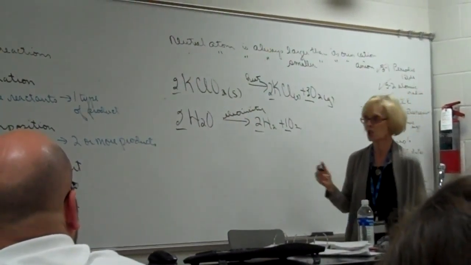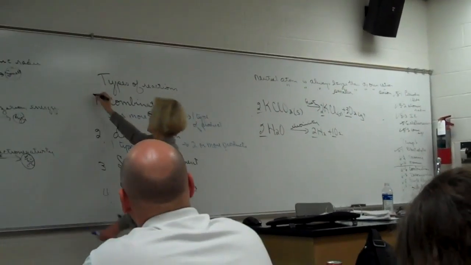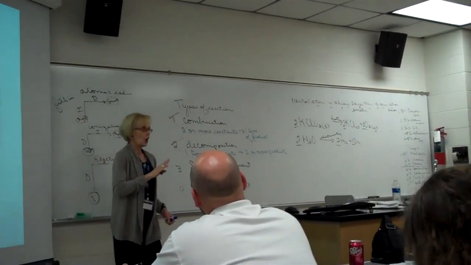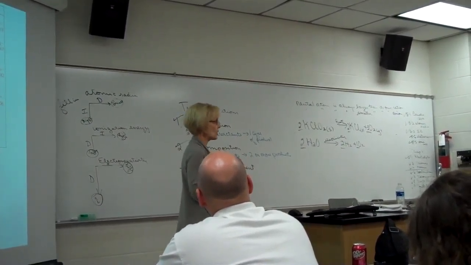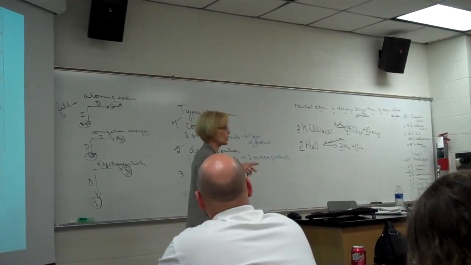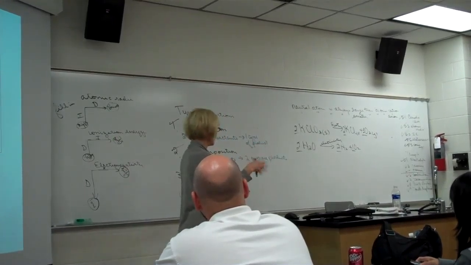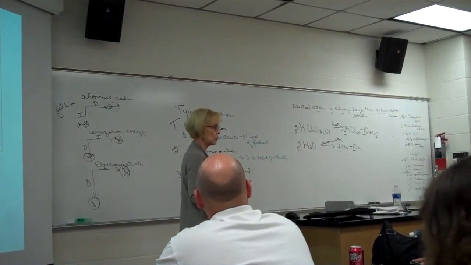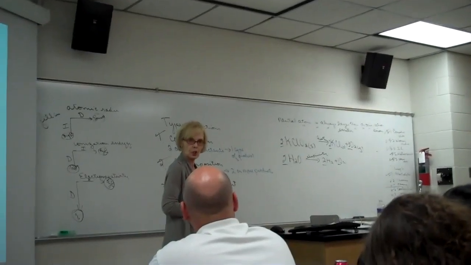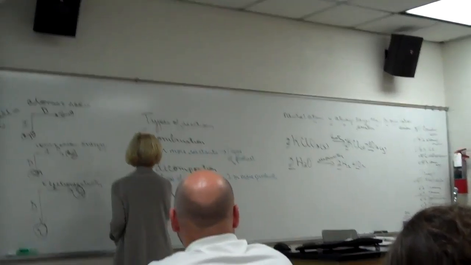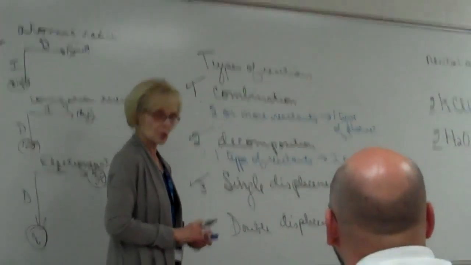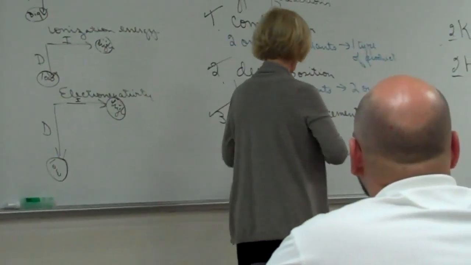So recognition. For these two, all you've got to do is tell me what type it is. You don't have to predict. Will it go? Just assume it's going to go. And you don't have to do anything with it. You don't have to predict products. You don't have to tell me if it's going to go. But once we hit single displacement, now how do we characterize single displacement?